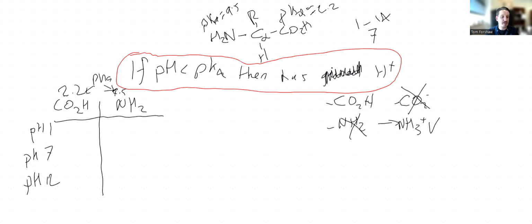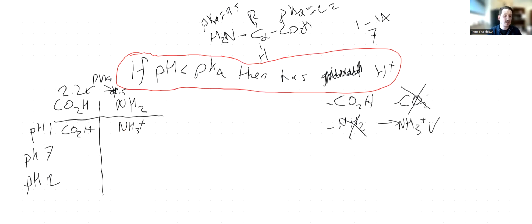So this has its H plus, so it's CO2H, not CO2H2, because it can't gain another proton; it's just going to be as protonated as it can be. Whereas for this one, is 9.5 greater than 1? Yes. If pH 1 is less than 9.5, then it has the H plus. So it'll be NH3 plus, because it can gain one more proton.